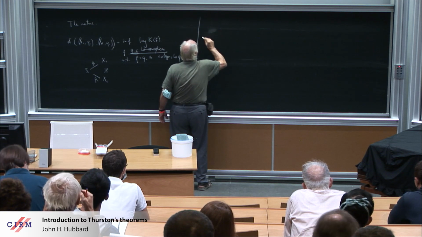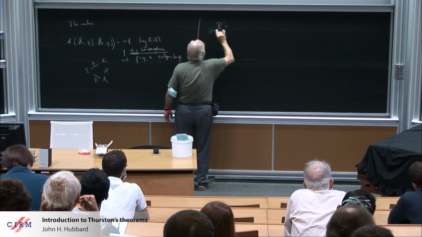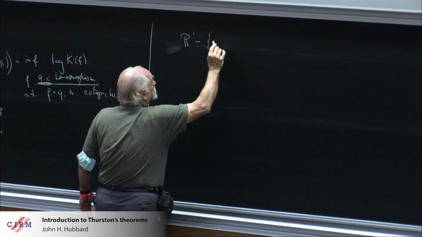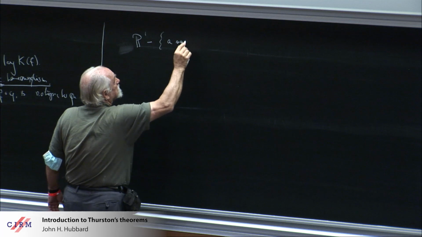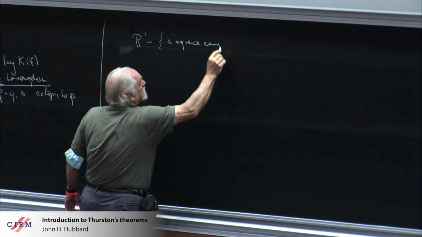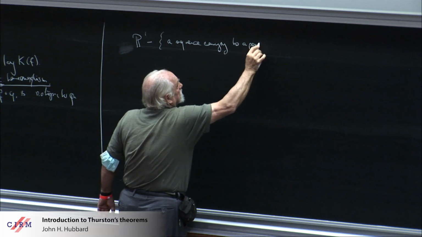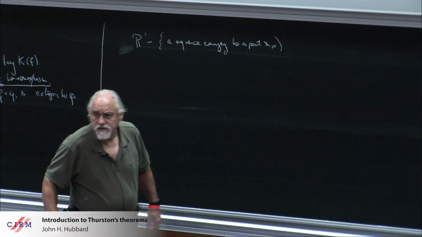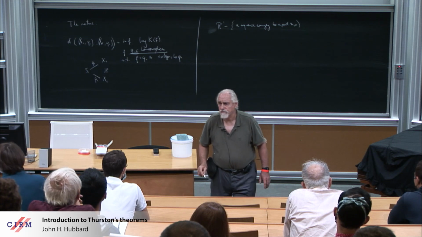But it's important to realize, at least for this conference, that if, well, P1 minus a sequence converging to a point x infinity, that does not correspond to just one Teichmüller space.